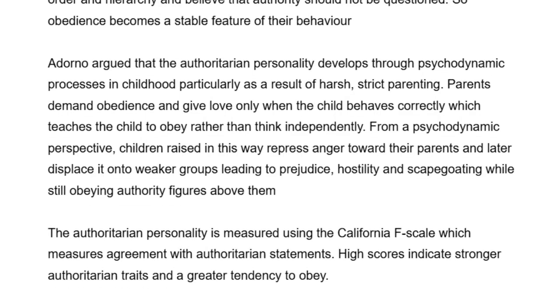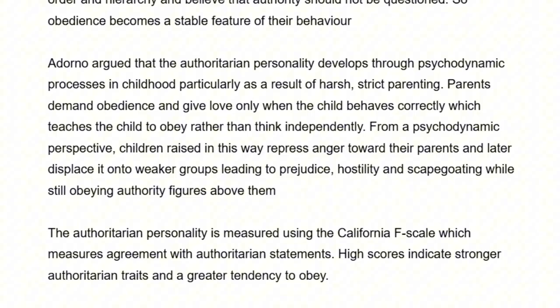Adorno argued that the authoritarian personality develops through psychodynamic processes in childhood, particularly as a result of harsh, strict parenting. Parents demand obedience and give love only when the child behaves correctly, which teaches the child to obey rather than think independently.